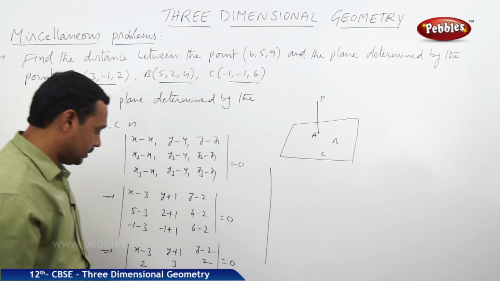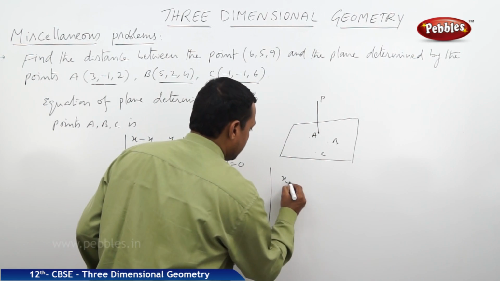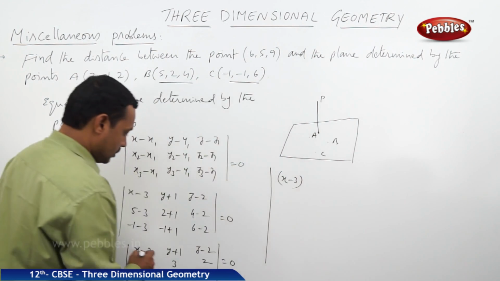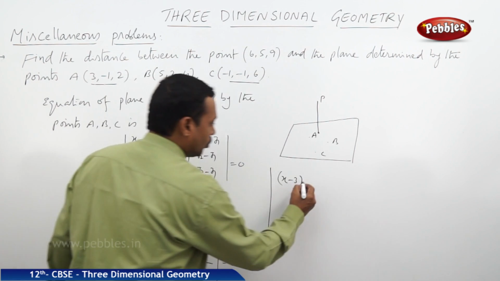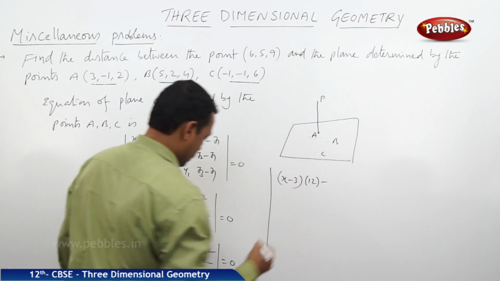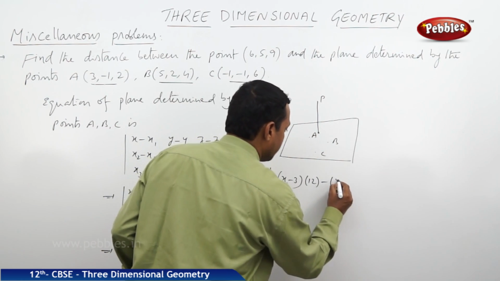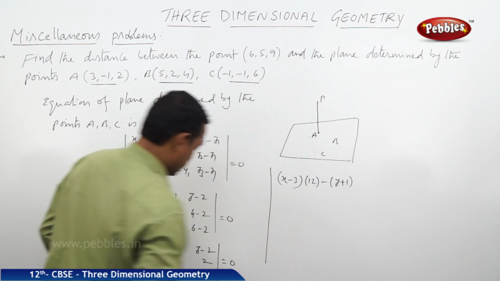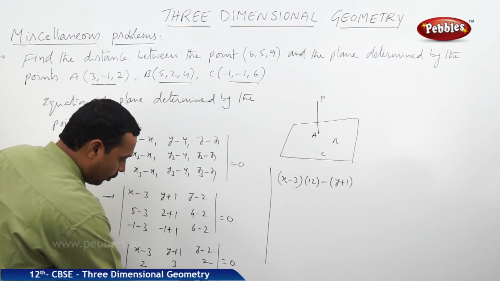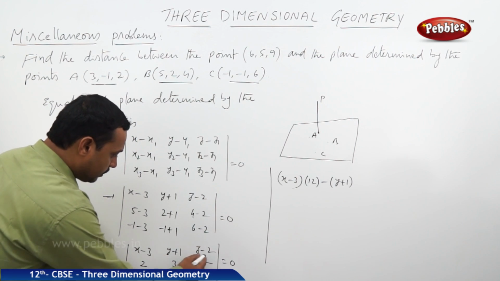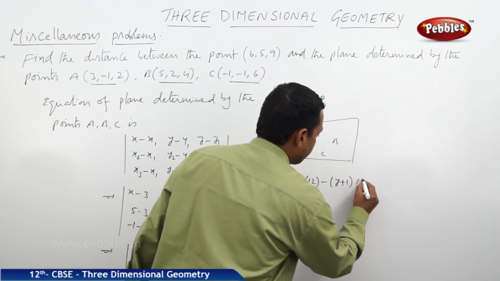Expanding the determinant, that is x minus 3 into, deleting the corresponding row and column, 12 minus 0, of course it is 12, minus of y plus 1 into, deleting the corresponding row and column, 2 into 4 is 8, 8 plus 8 is 16.